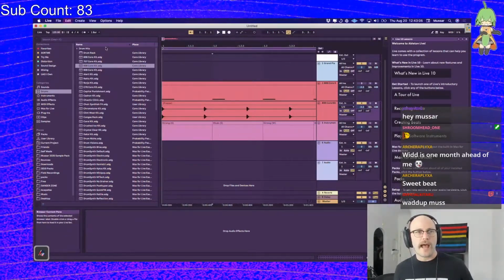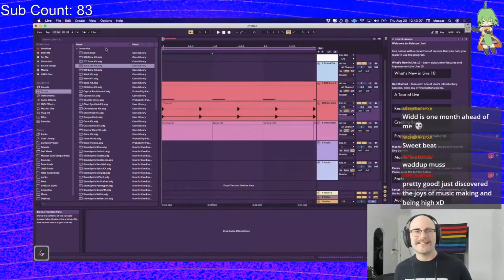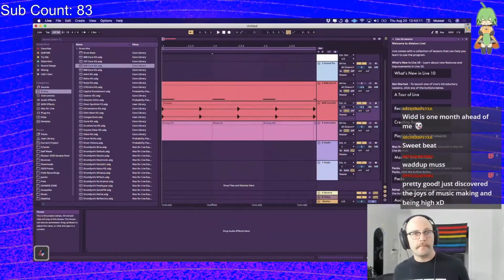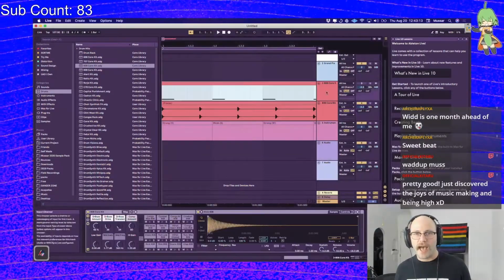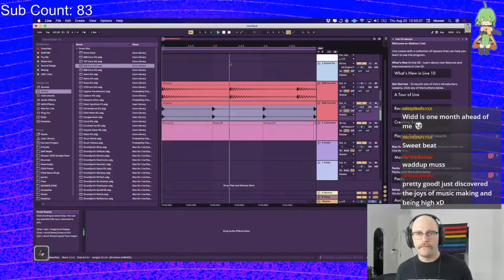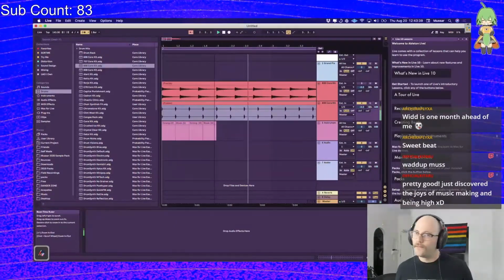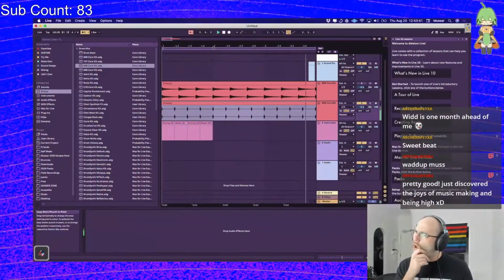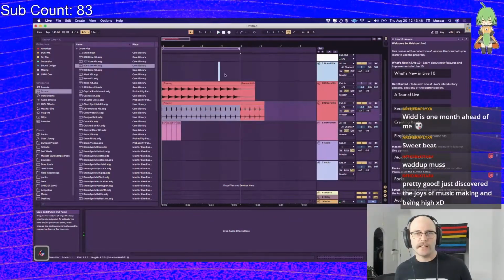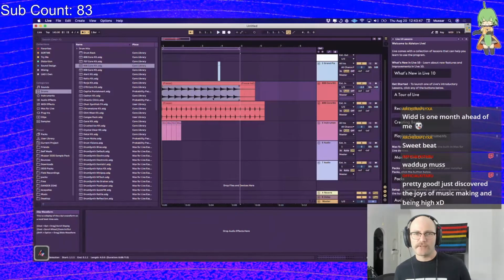Remember, we were at 107 BPM. 107 BPM, right? That's what this is at right here. We're at 143 BPM. Now, it's super locked in. Well, what does that mean for this pulse?